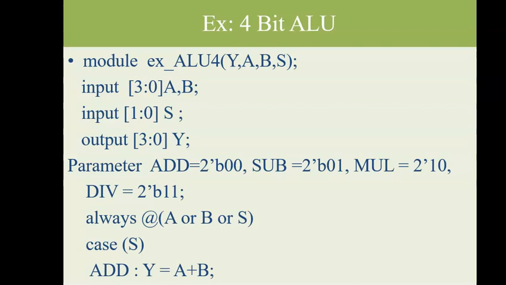To explain in a very simple way, I have chosen a 4-bit ALU. The data is 4-bit and I have chosen 3 or 4 operations. You can extend this to any number of operations based on the select line.